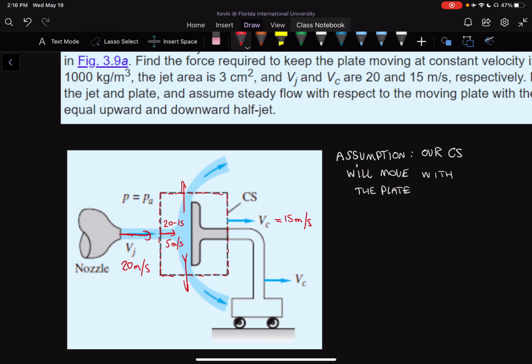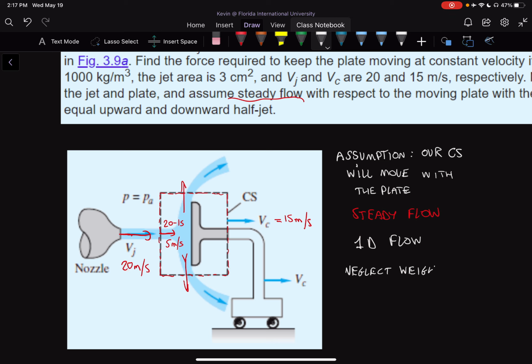Some of the other assumptions we can make is that we have steady flow. We're told in the question we have steady flow, so we're going to assume that. And we're going to assume that we have 1D flow as well, just to make our problem simpler. We can also neglect weight, which is given in the question.